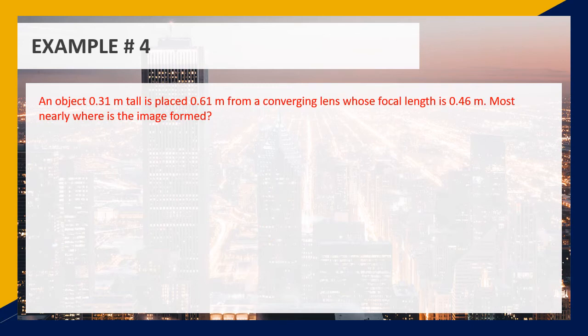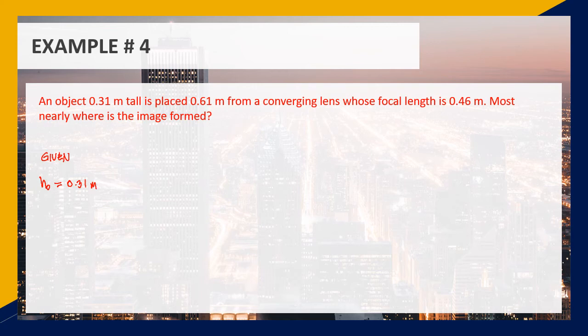Another example. An object 0.31 meters tall is placed 0.61 meters from a converging lens whose focal length is 0.46 meters. Most nearly, where is the image formed? Okay? Where is the image formed? So, given is the height of the object, which is 0.31 meters.